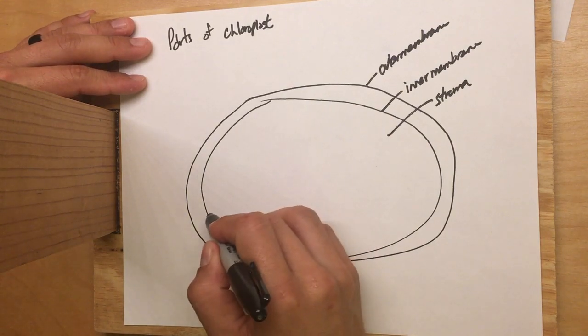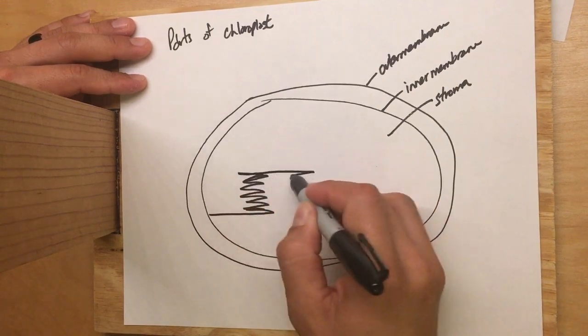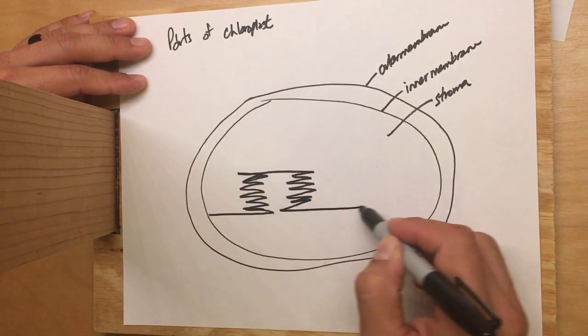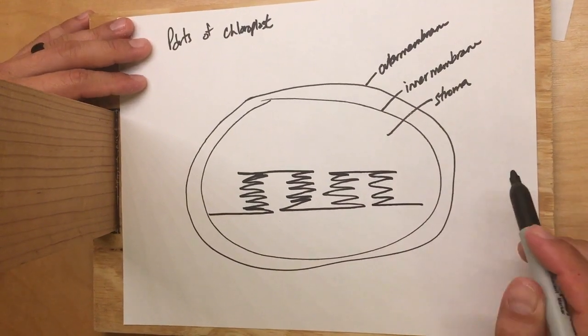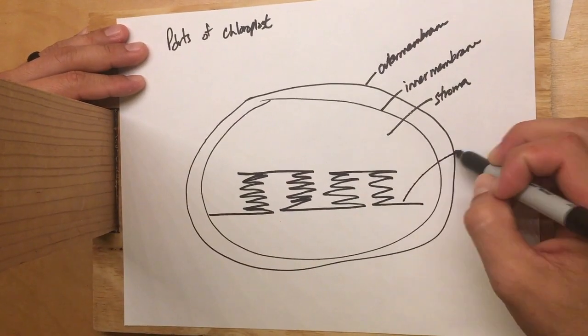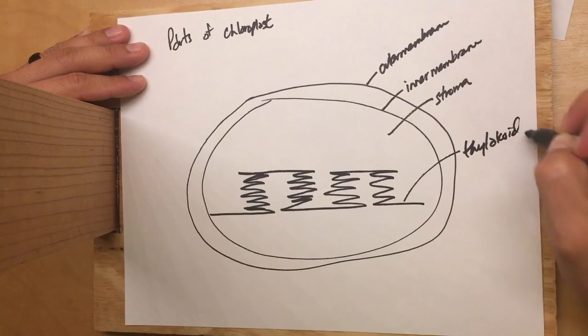And so the way we're going to do it is it comes out, over, and so we're going to call this membrane the thylakoid membrane.